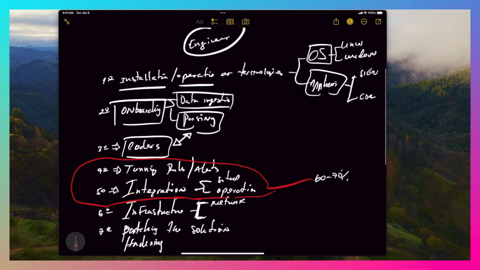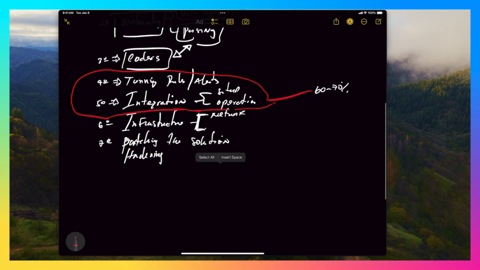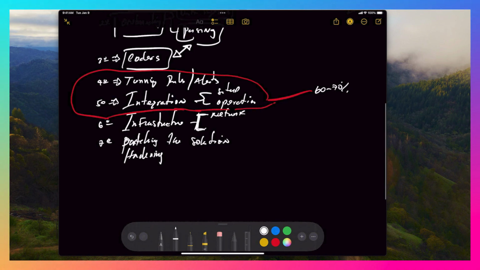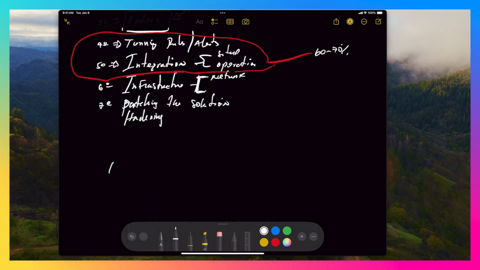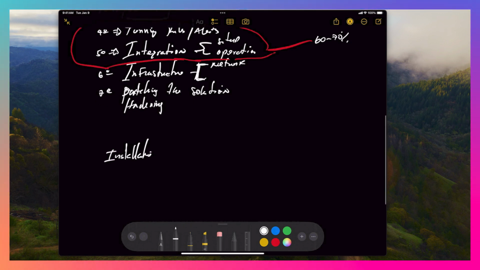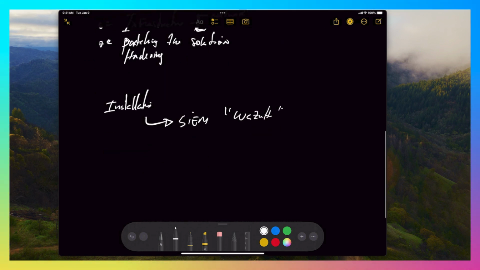The first thing we are going to take care of is the installation. What are some of the things they need to do? For our class, we are going to take care of the SIEM installation. In this case, we are addressing the Wazuh SIEM, so we'll install the Wazuh cluster.